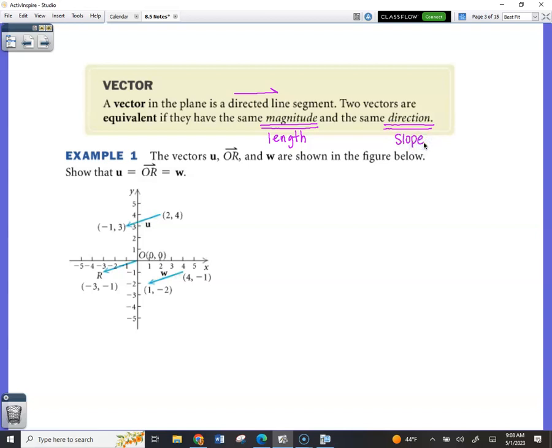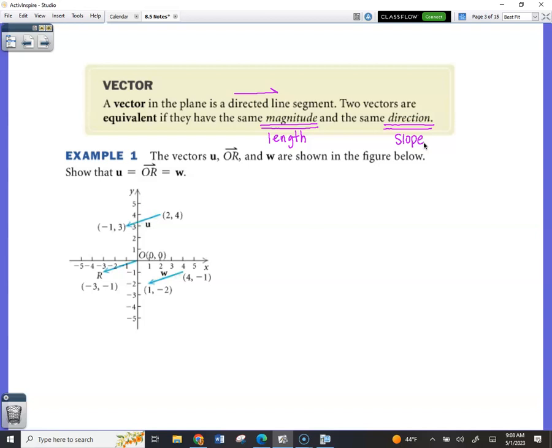So take what you know about regular lines, traditional lines. If we found the length of a traditional line segment, we would use the, what formula? If I'm trying to find the length of it, do you remember from geometry? It starts with a D.